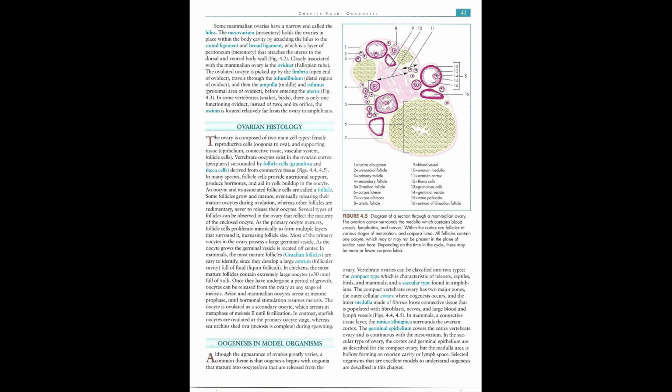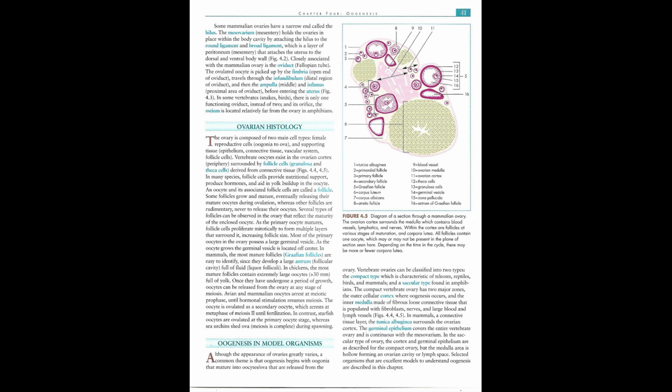The mesovarium, mesentery, holds the ovaries in place within the body cavity by attaching the hilus to the round ligament and broad ligament, which is a layer of peritoneum, mesentery, that attaches the uterus to the dorsal and ventral body wall, Fig 4.2. Closely associated with the mammalian ovary is the oviduct, fallopian tube.